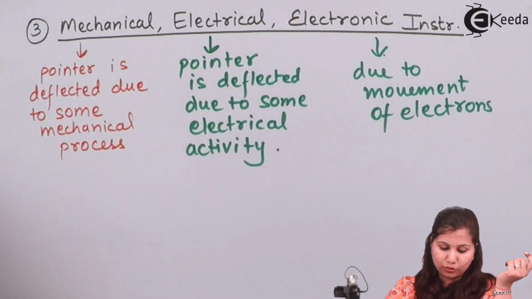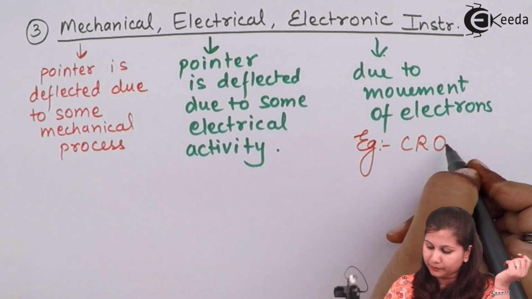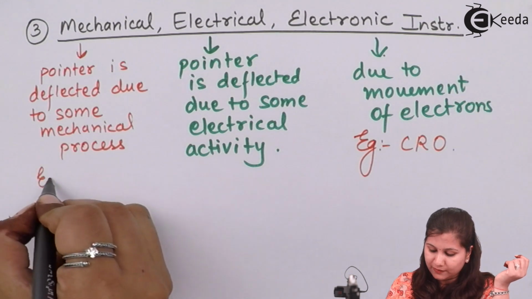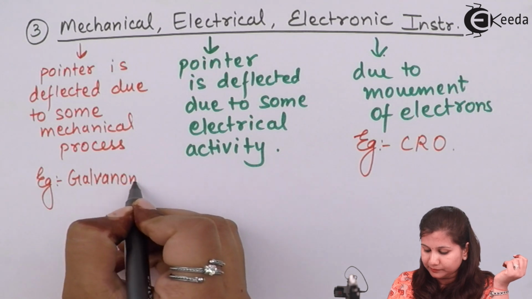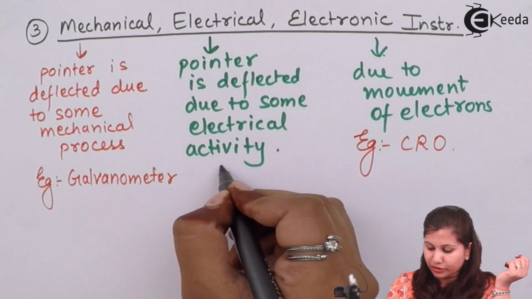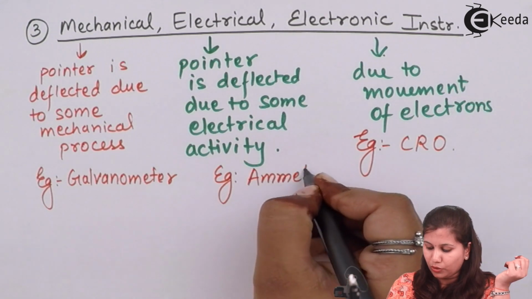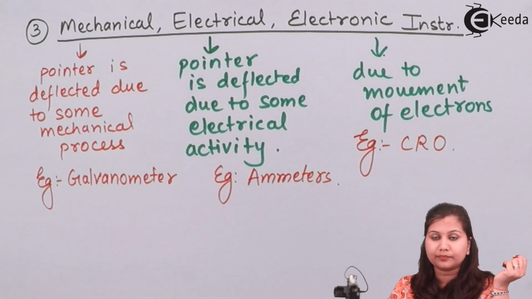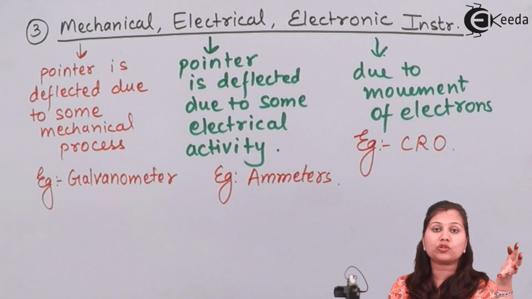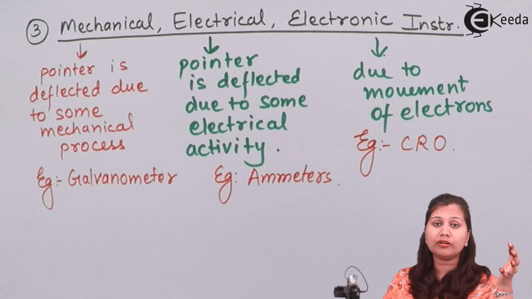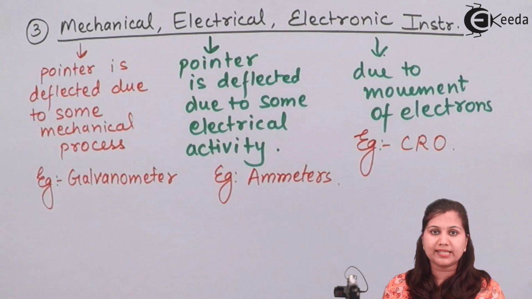So the electronic instrument example is CRO. For mechanical instruments, we had the example of the galvanometer, and for electrical instruments, the example of ammeters and voltmeters. So this is a classification of instruments based on the activity involved which causes the deflection of the pointer over the calibrated scale.